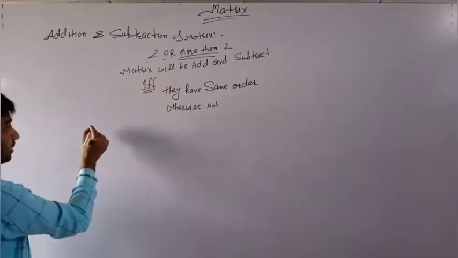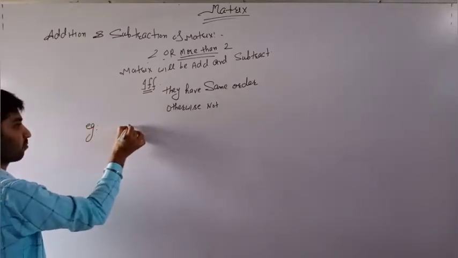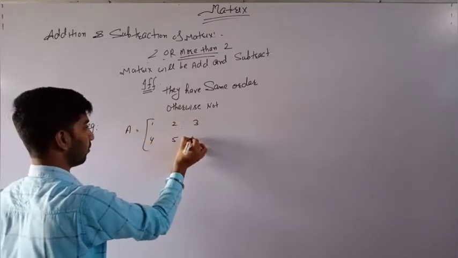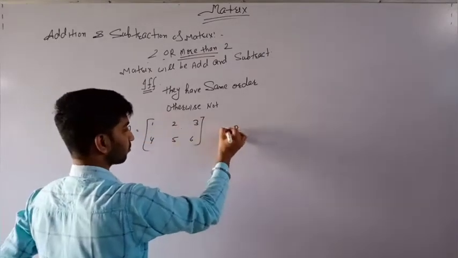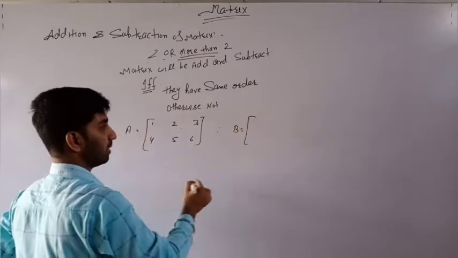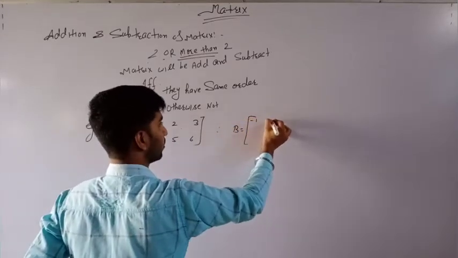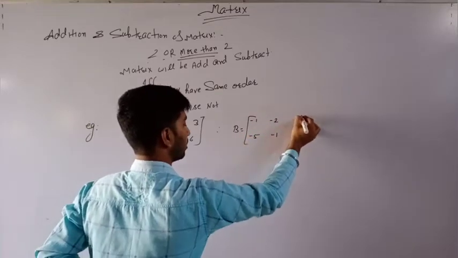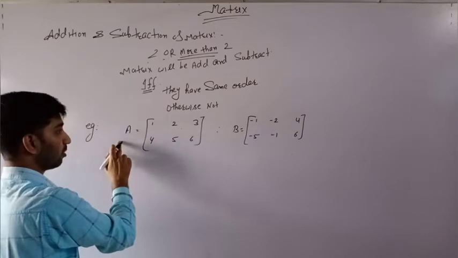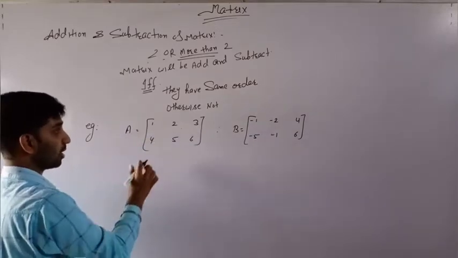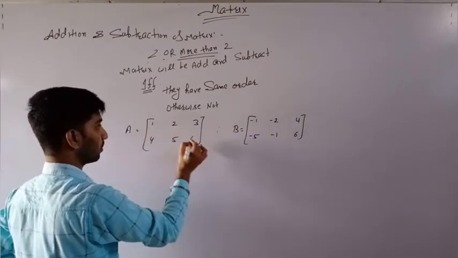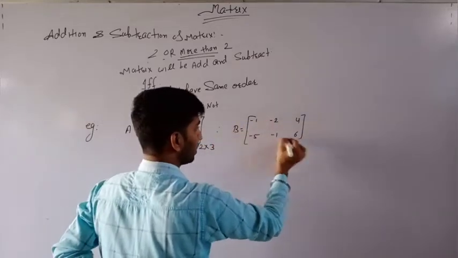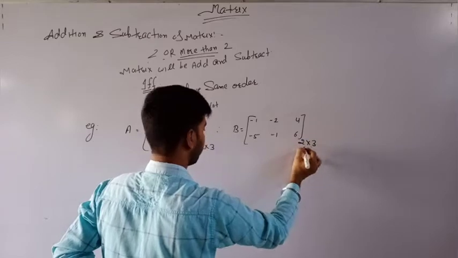For example, matrix A is 1 2 3 4 5 6, matrix B is -1 -2 4 -5 -1 6. We know that in matrix A the order is 2 rows and 3 columns. The order of matrix B is 2 rows and 3 columns.